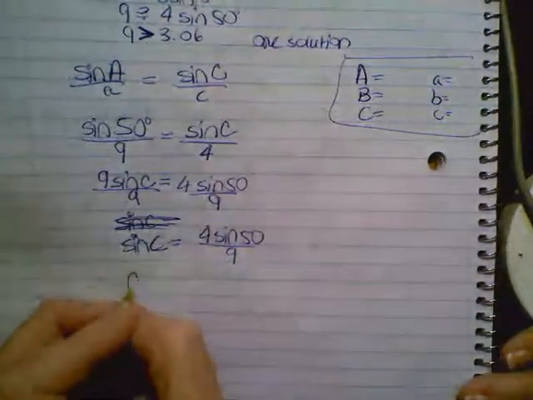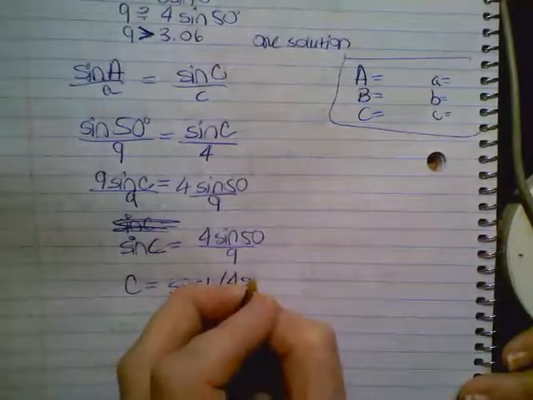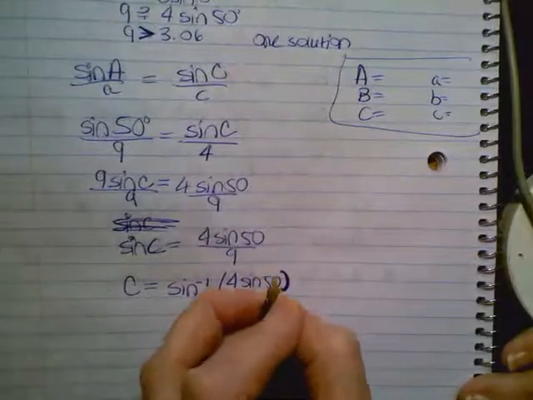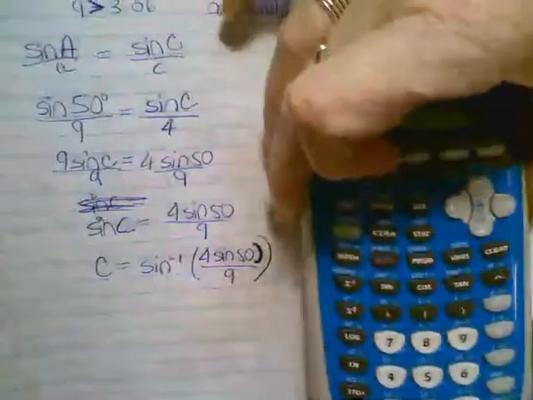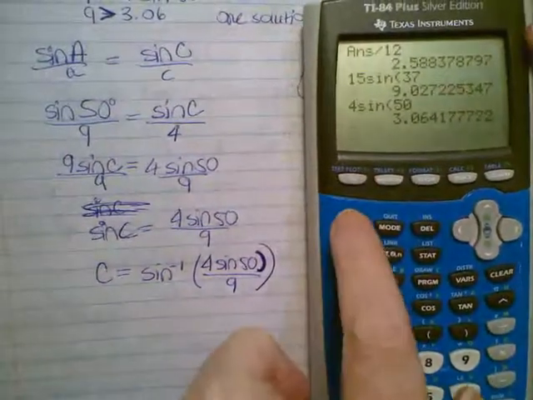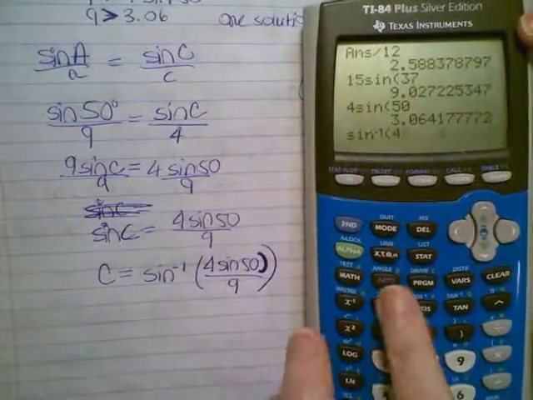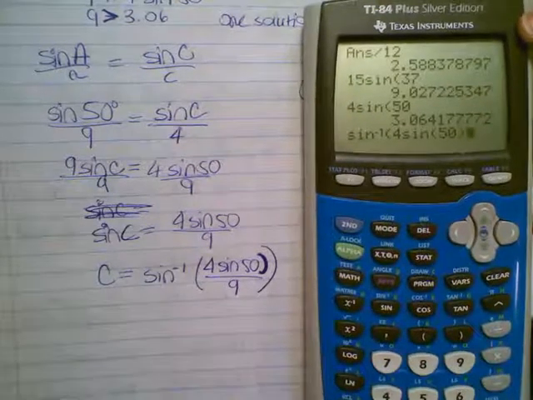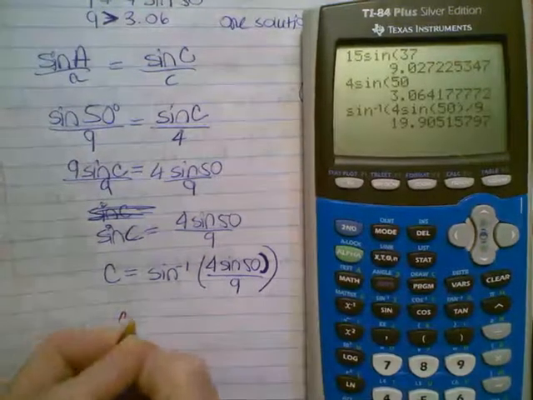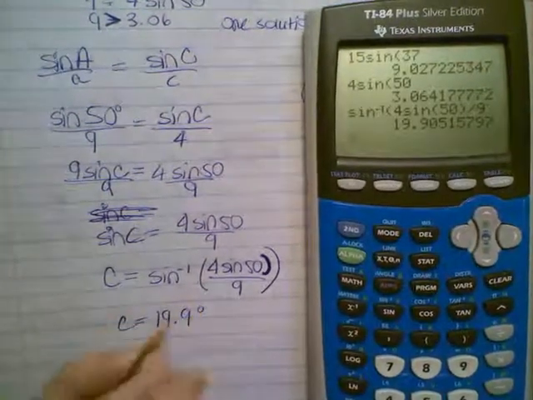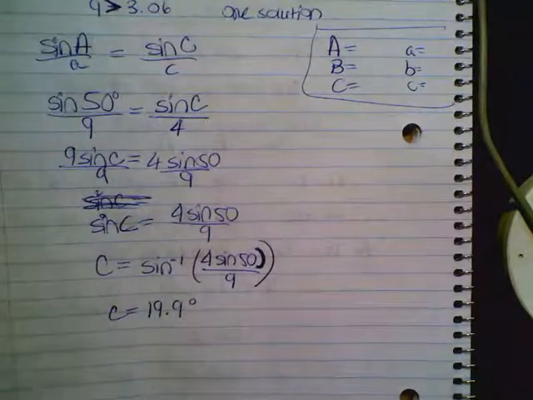But otherwise, what we're going to do is say C is equal to sine negative 1 of 4 sine of 50, and I would close that parentheses and then do my divide so that we don't mess up the order of operations. So second sine gives me the negative 1, 4 sine 50, close my parentheses, divided by 9, and I got C is equal to 19.9 degrees. So that was just using the regular old law of sines.